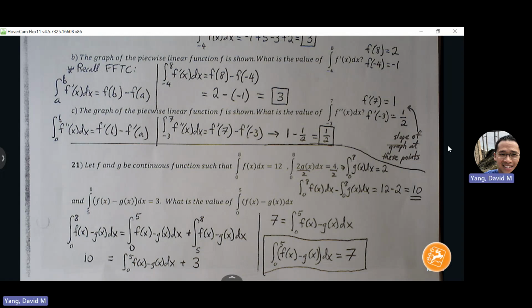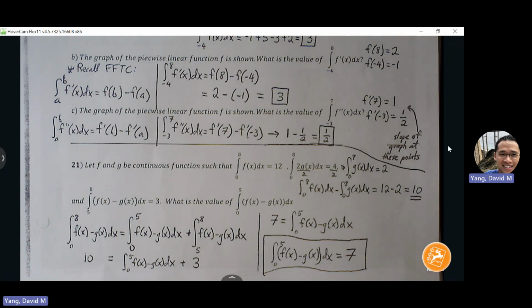So when you're looking at the integral from 0 to 8 of 2g of x, is there a reason that you wouldn't pull the 2 out front and then multiply your answer by it? That was my first instinct instead of dividing. The reason I divided was because I looked a little further down and they want the integral from 5 to 8 and 0 to 5 with just f of x and g of x.